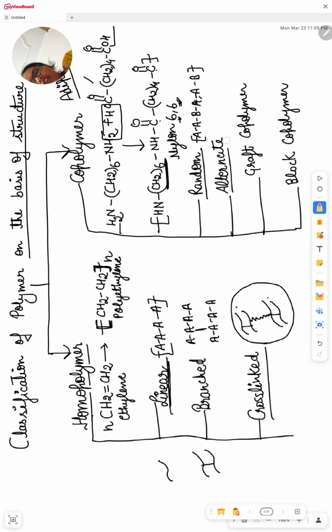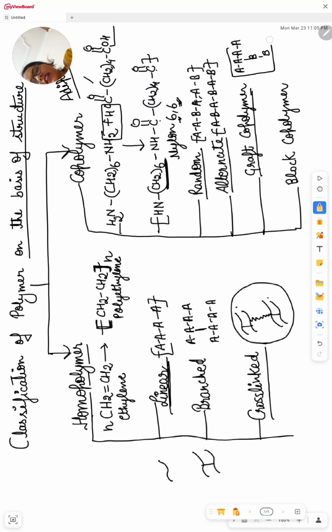Then there is the alternate, because it is a copolymer: A, B, again A, B, A and B. This is the alternate. Understand very carefully what a graft copolymer is. Graft copolymer means one monomer in the main chain and another monomer in the side chain.